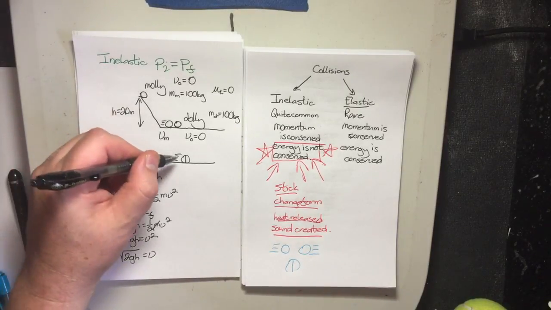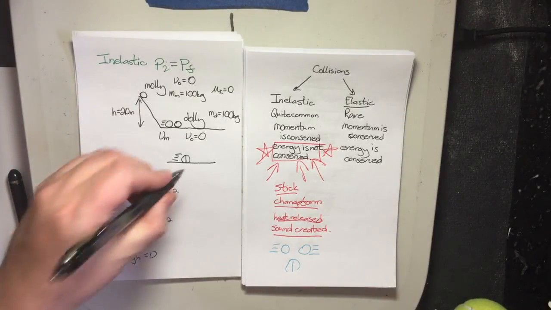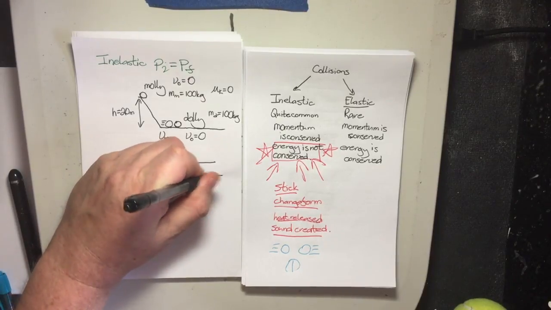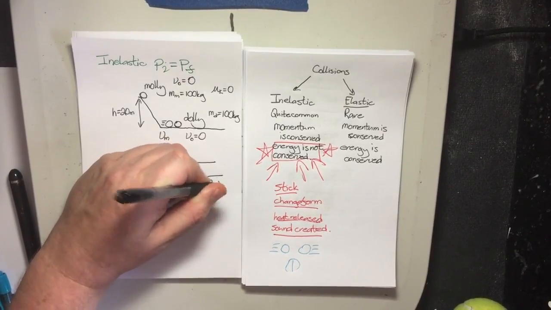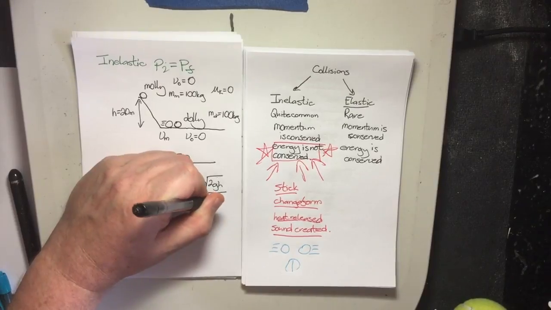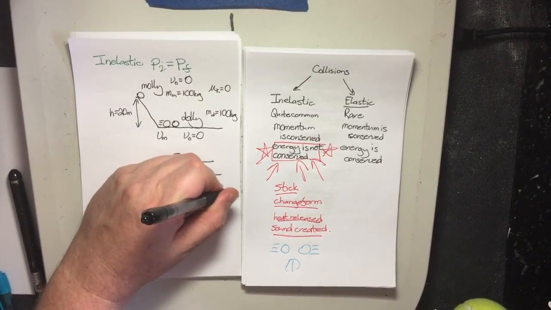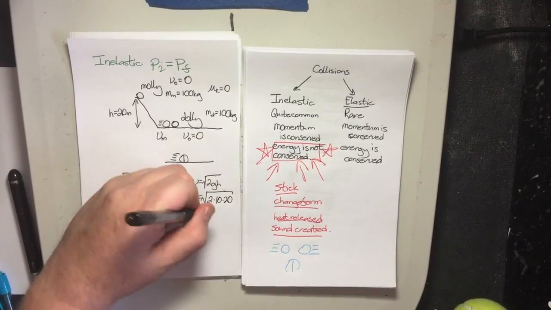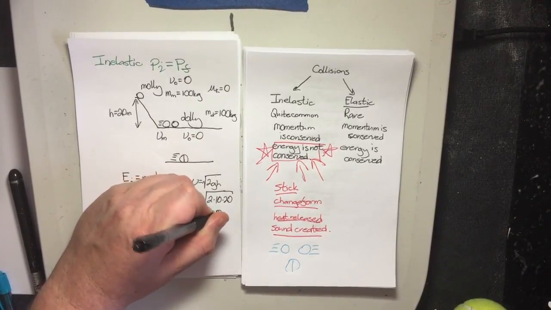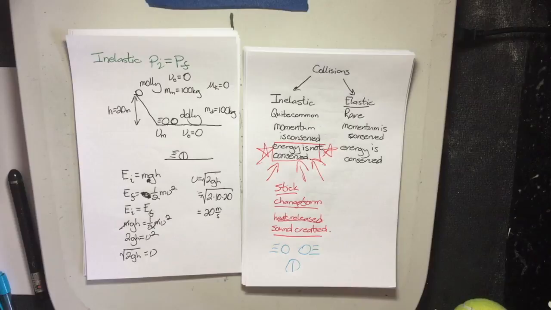So Molly's velocity the moment before impact is 20 meters per second, which is actually frightening to see a 100-kilogram panda coming at you at 20 meters per second.